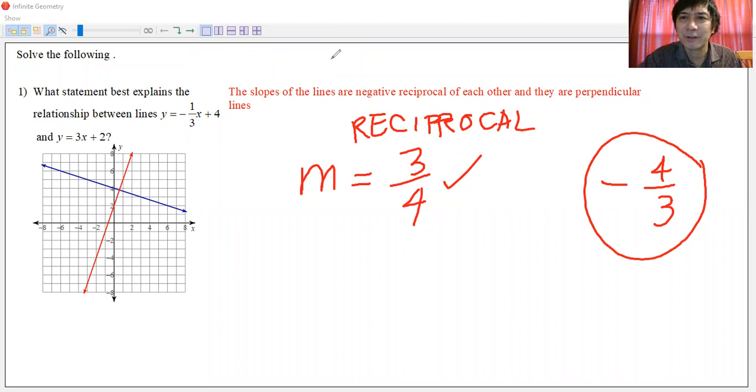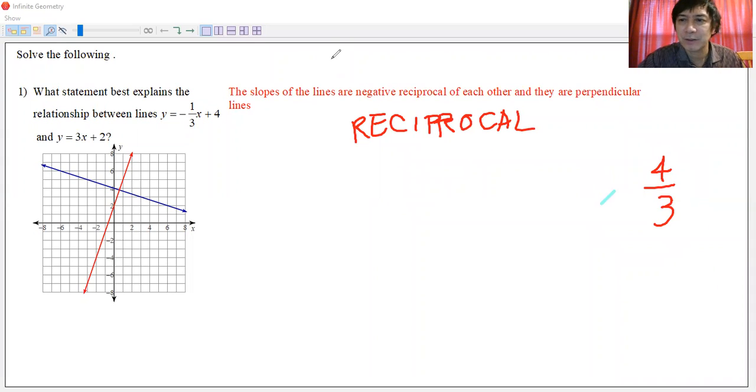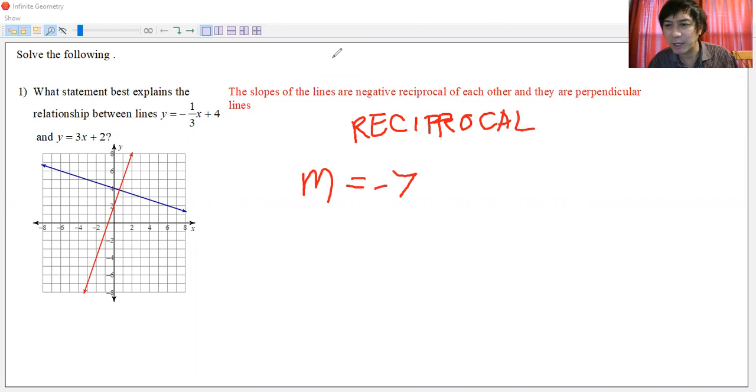Okay, let's have another example. Let's say the slope is negative 7. What is the negative reciprocal of negative 7? Now, first, we have to determine the equivalent ratio of negative 7. This is negative 7 over 1. There. And so the negative reciprocal of this is 1 over 7.